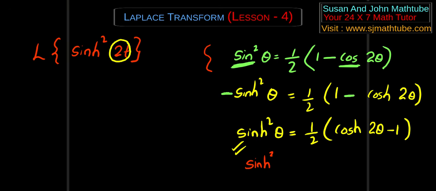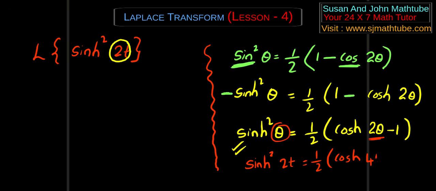In exam, you can do this inside a box. So sine square 2t. So we have to replace theta with 2t. So we get 1 by 2 cosh, double the angle, minus 1. That's it. So we get this is equal to Laplace of 1 by 2 cosh 4t minus 1.